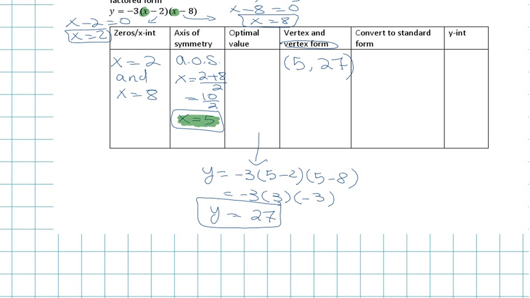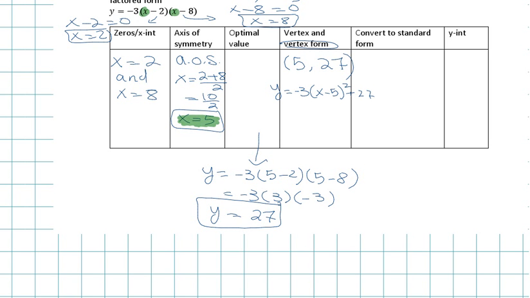So why is it y equals negative 3 times (x minus 5) squared plus 27? Why is it negative 3 here at the beginning? It opens down. Yes, but where did you get that negative 3 from? That's the value of a.